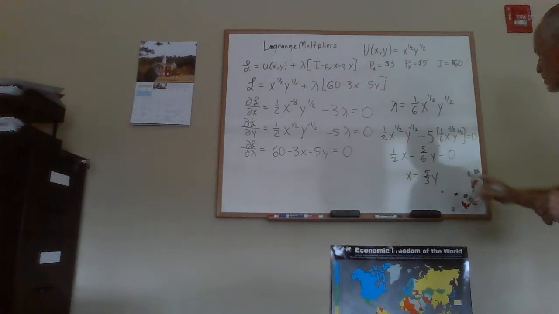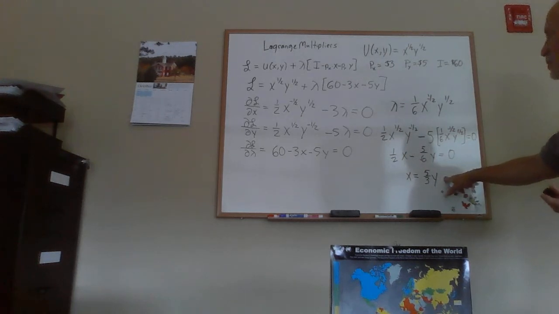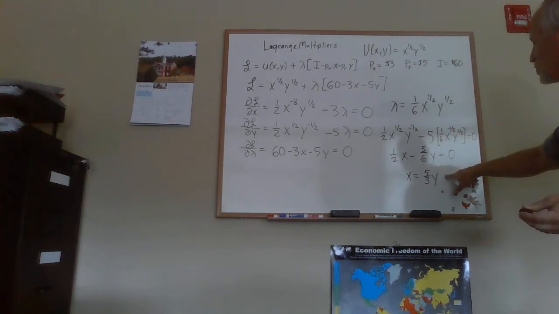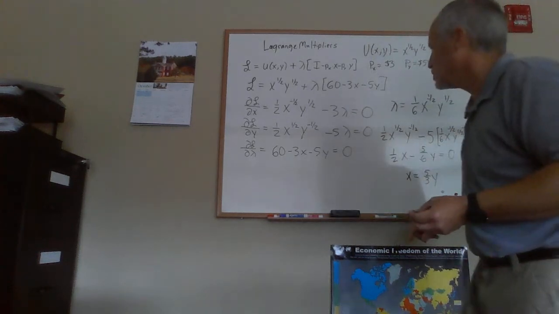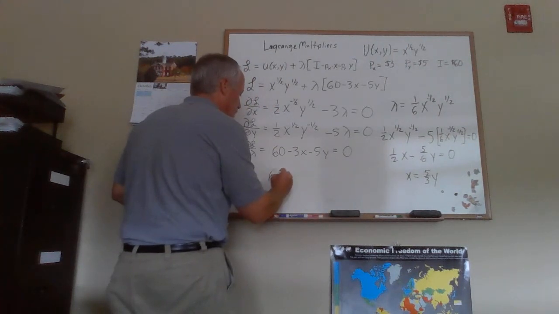Now what we can do is, well, we've solved for lambda. Okay, we've got x in terms of y, and then what we have to do is substitute back in here into the budget constraint.